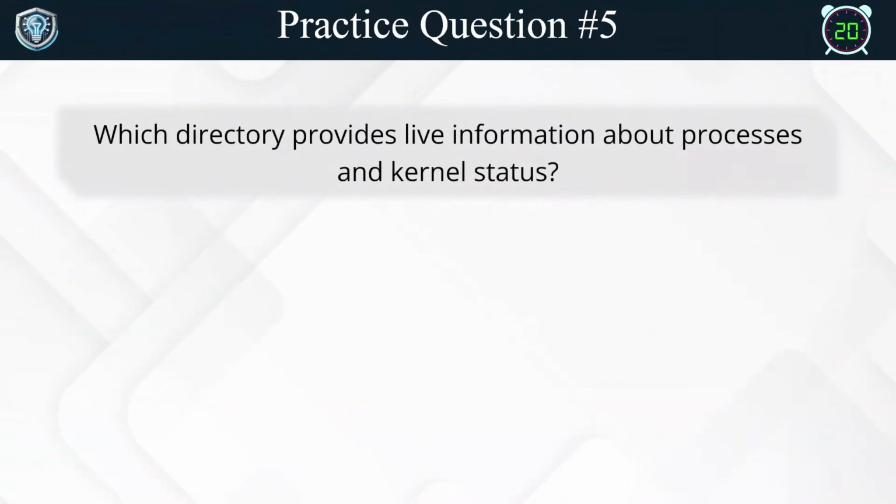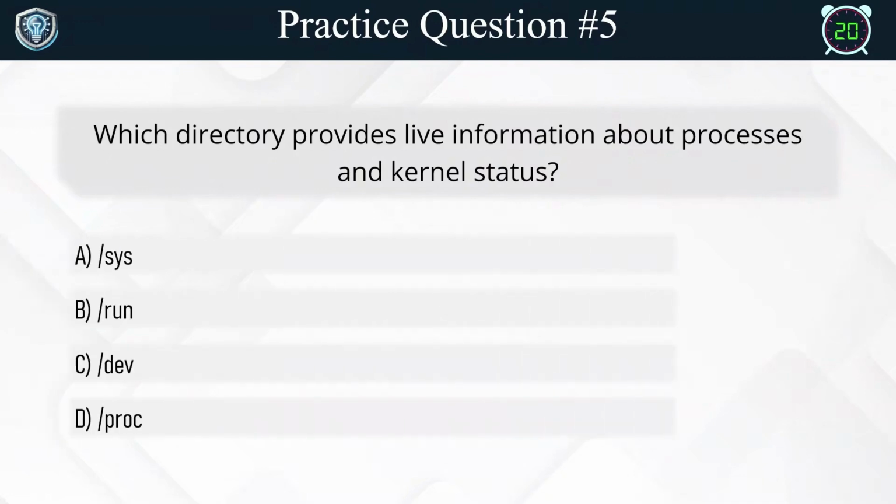The question is, which directory provides live information about processes and kernel status? The options are option A, /sys, option B, /run, option C, /dev, option D, /proc.